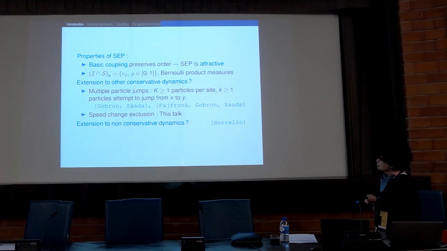And the point is that we looked at multiple jumps, which means that you have simultaneously k particles jumping from x to y. So for these types of models, we looked at conditions to have attractiveness, then find the extremal invariant and invariant measures, and then also we looked at whether there is a necessary and sufficient condition to have product invariant measures for this type of models. So this we did some time ago.